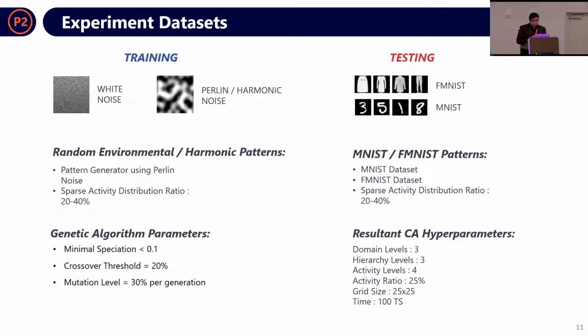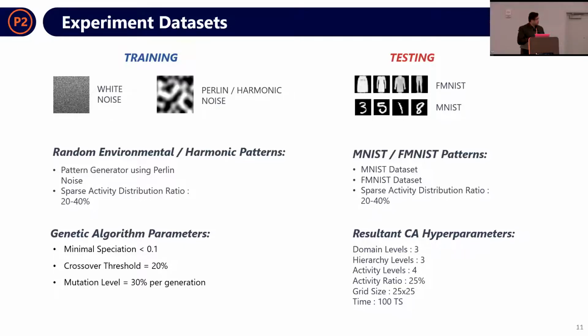We need to first train the cellular automata system. And for this, instead of training on the target data set, I wanted to see whether we could train the cellular automata without exposing it to the target data set at all. So while training, we actually train the cellular automata for universal, I don't want to say universal, so I'm going to say generalized pattern separation.